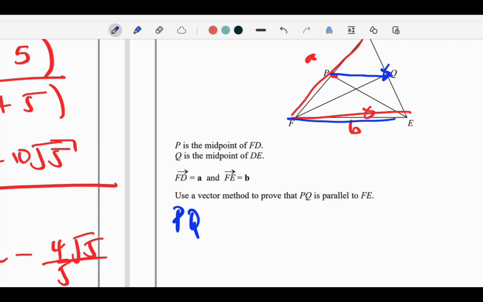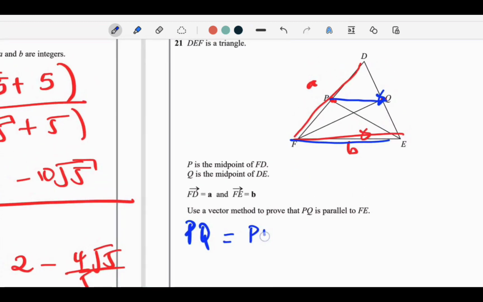For us to go from P to Q, we can go from P to D, and then we go from D to Q. Put the arrows. P to D is half of A, so this would be half of A. And D to Q, well, D to Q is half DE.